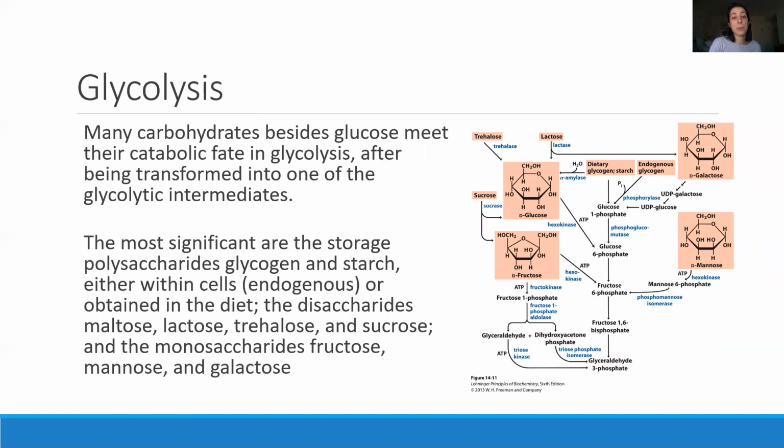And they do this once they are transformed into one of the intermediates in the pathway. I said this is a 10-step pathway. That means there are 10 individual intermediate products along the pathway. And different sugars can be transformed into one of those points along the pathway.